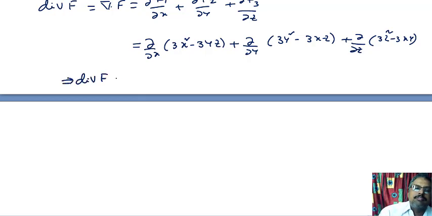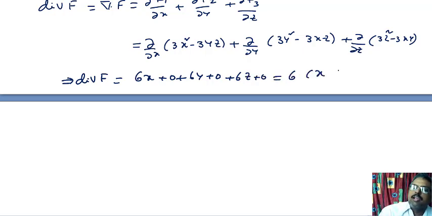Divergence of F is 6x. Here the first term with respect to x is 6x, second term is 0, third term is 6y, next term is 0, next term is 6z, next 0, finally 6 times x plus y plus z. Now this is the divergence of F.